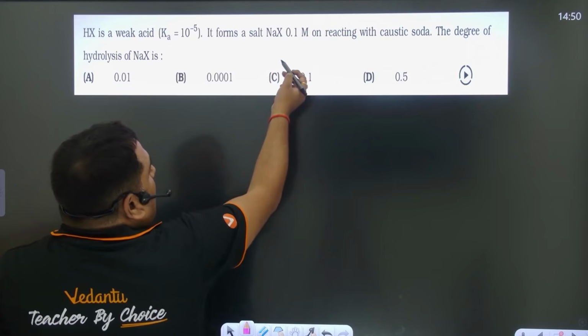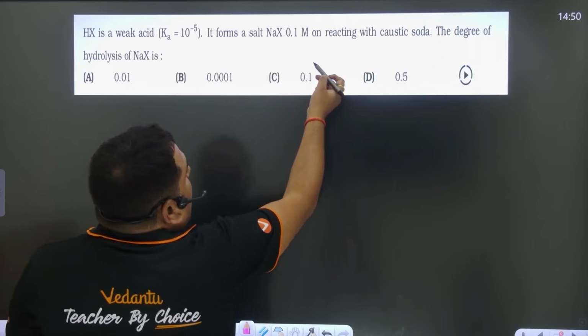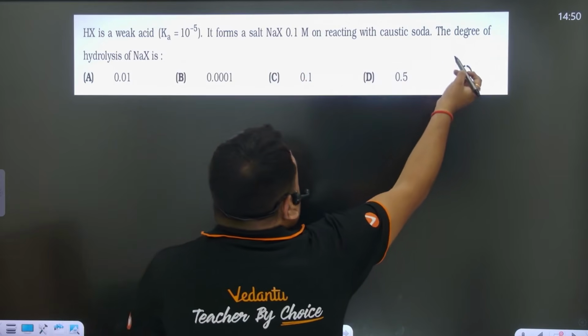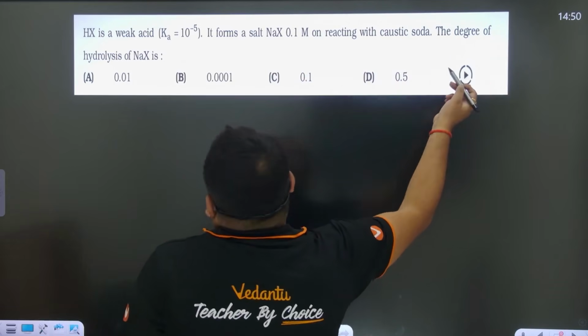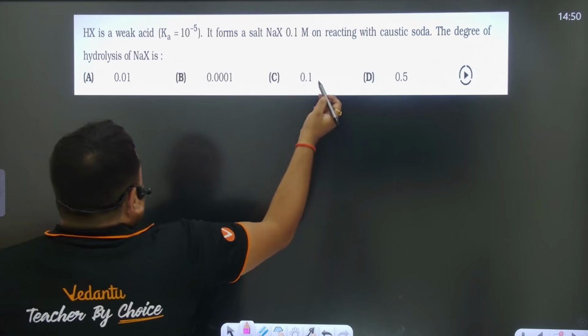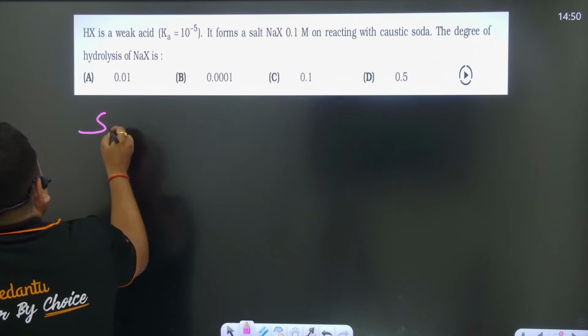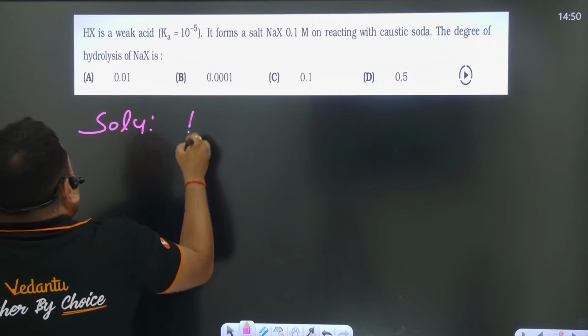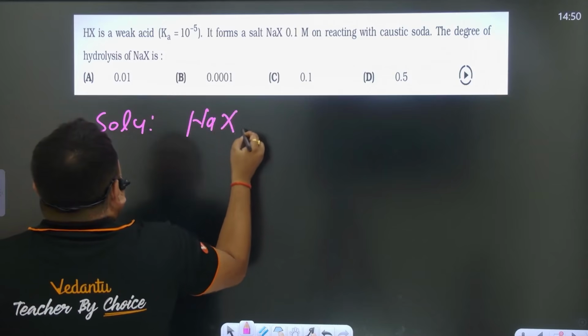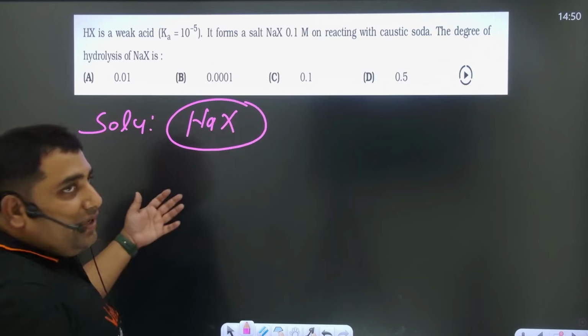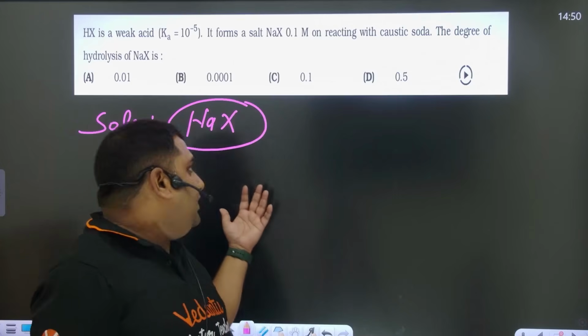It forms a salt NaX on reacting with caustic soda. Find the degree of hydrolysis of NaX. So here the given salt is NaX. Now first we have to identify which type of hydrolysis is taking place in this case.